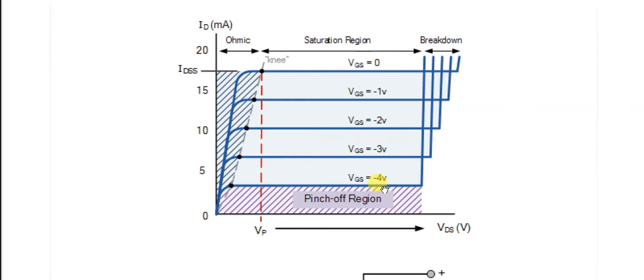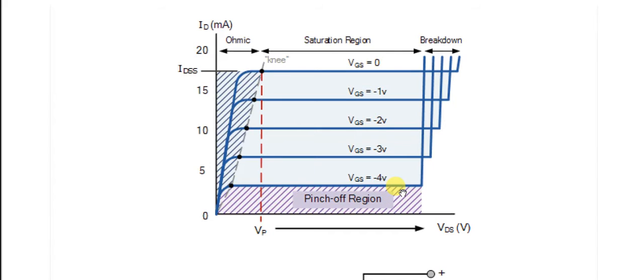As we increase the gate voltage with a negative polarity, we can see the drain current is falling off very quickly. This is the saturation region, this is the pinch off region, where -4 volt is the gate voltage, which is the maximum reverse bias voltage, and the two fields are touching each other and cutting off the channel flow to the drain current.